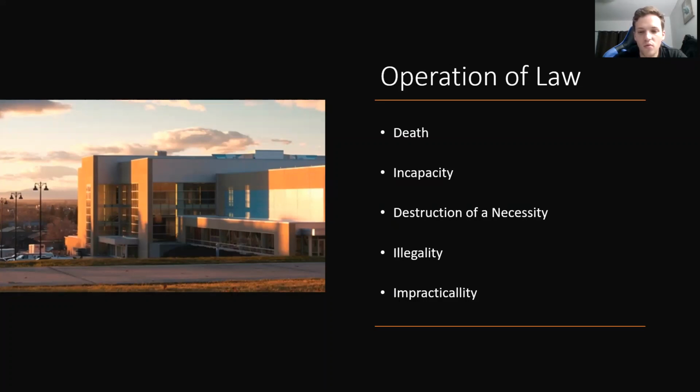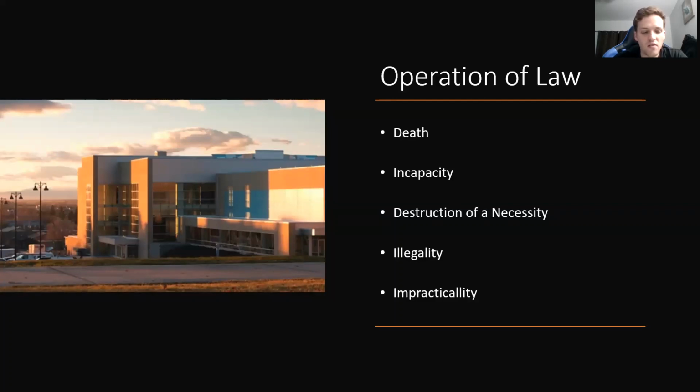And then something that's interesting is impracticality. With the I Center in particular on campus, the contractors that agreed to build the I Center drilled holes in the ground looking for lava rocks. And where they drilled, they found no lava rocks. But once they started preparing the land to build the I Center, they did in fact find some lava rocks underneath where the foundation would be.